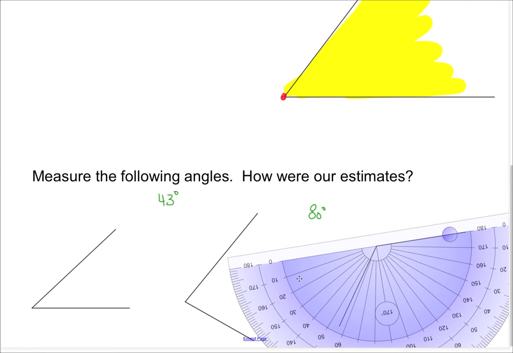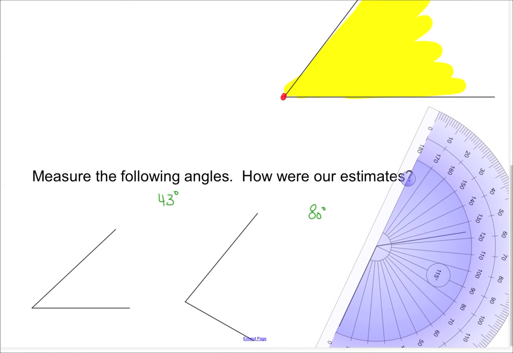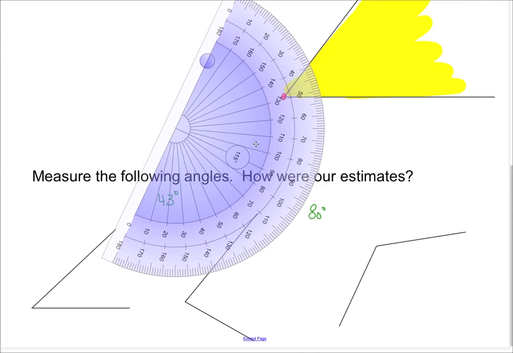If I line up this side, I'm starting at this 0 and I'm reading the bottom numbers, and I think that's the one we're going to have to do because the protractor goes off the screen and I couldn't see where it stopped, so I'm going to have to go over here. And this looks like we've got to start at this 0 and read these numbers. We're going all the way around to where this is. That looks like it's probably about 124, I'm going to guess, at 124.